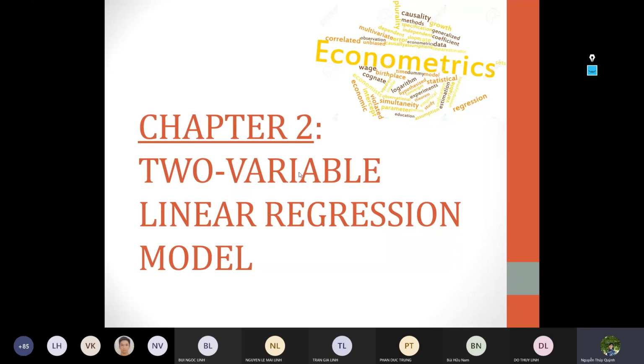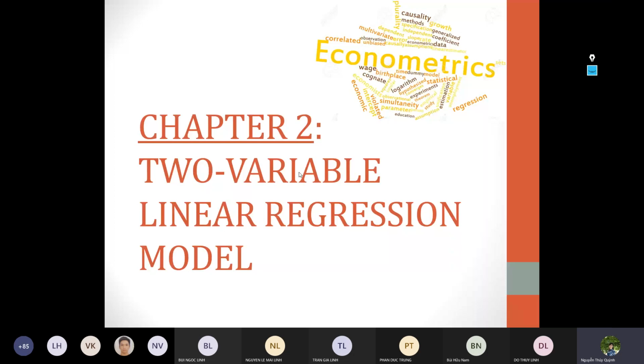Okay, so experimental data are the data that we usually obtain from natural science. That means we control one variable or many variables, and we see the observed values of the other variables.